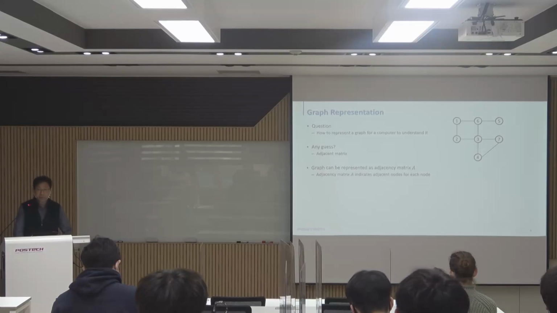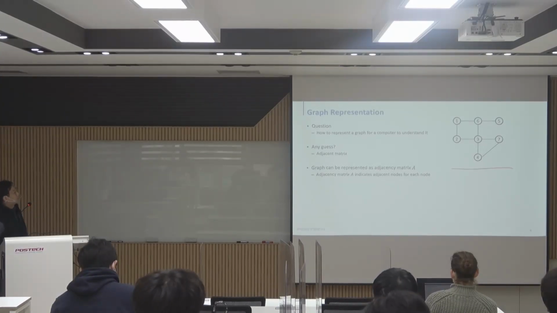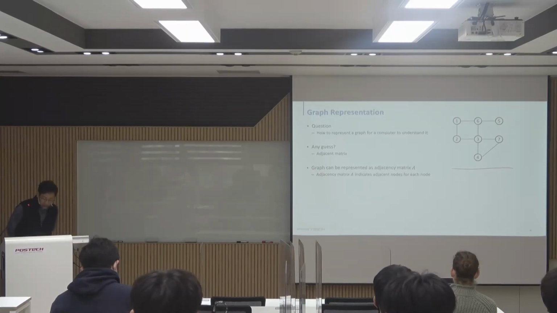So for graph representation, the question they might have is how to represent a graph for the computer to understand it. Say this one, for example, how many vertices do you have? 6, right?